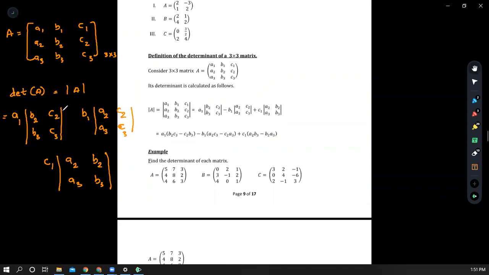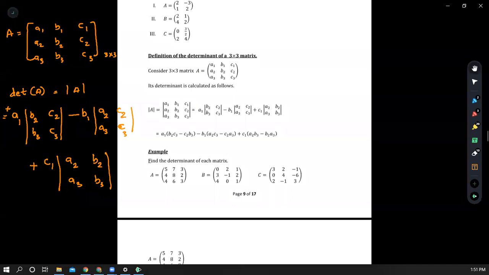And now we need to connect these three terms. Always we start with the plus sign. Then a minus sign is used to connect the second term with the first term, and the third term is connected with the second term by using a plus sign.